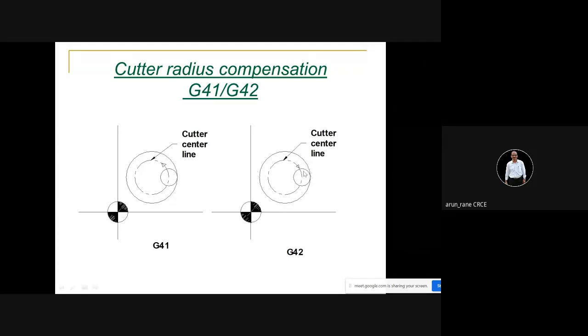So you are swimming like this, and your swimming direction is on the right hand side. Here you are swimming like this, so your swimming direction is on the left hand side of the profile. Here your swimming direction is on the right hand side. See, like this. So the cutter is on the right hand side. So that's why in this case it will be G42, and in this case it will be G41.